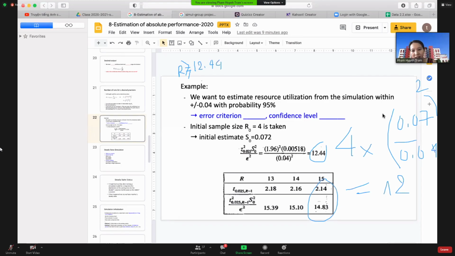Just take the ratio of the current half width that you run with the expected error that is allowed, square them and multiply with the current replication. You already have a very close estimation for the required number of replications.